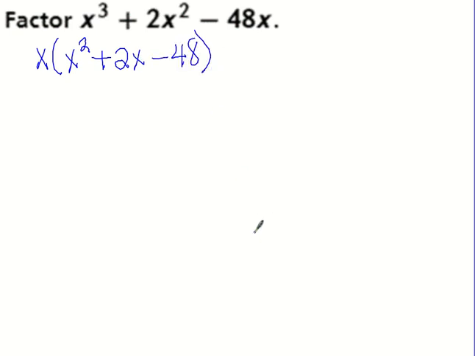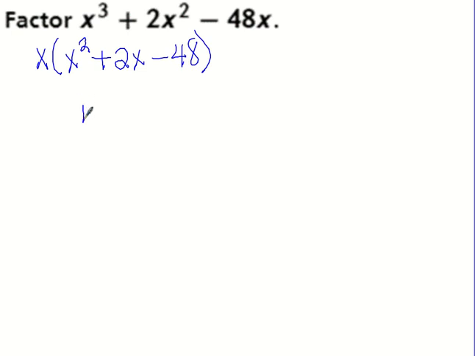Then we need to see, can I factor out anything else in this quadratic? Meaning, can I take this and break it down more? So now I'm looking for a negative 48 product and a positive 2 sum.